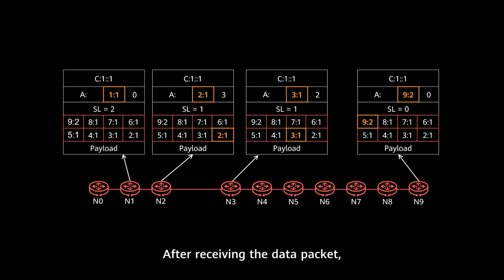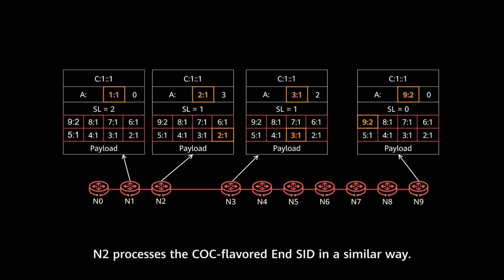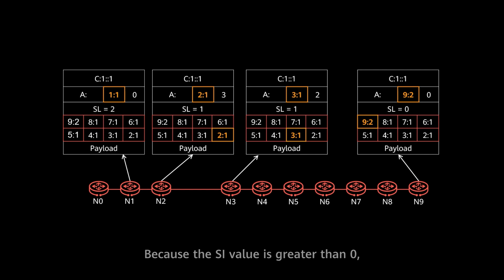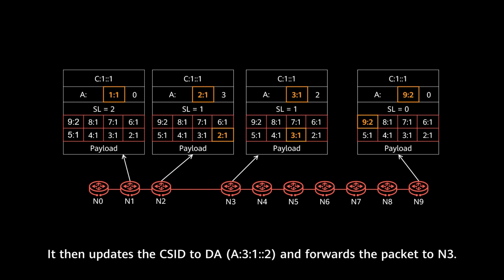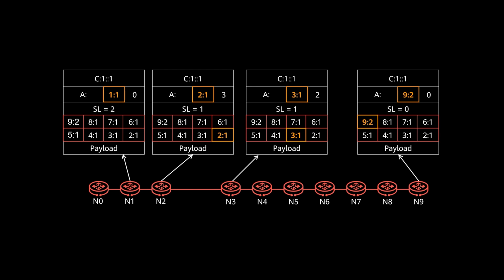After receiving the data packet, node 2 processes the COC flavor and seed in a similar way. Because the SI value is greater than 0 now, N2 decrements the SI value to 2 and locates the next seed 3:1, and then it updates the seed to the DA and forwards the packet to the next hop, node 3.